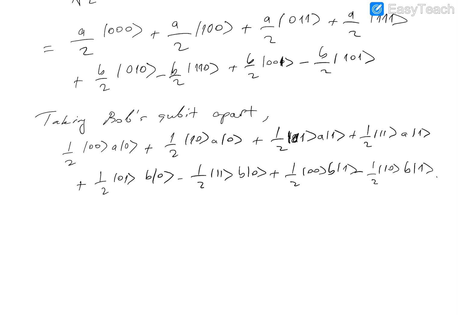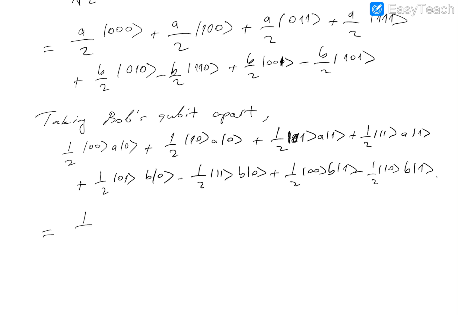And then we can take (a0 plus b1) in parentheses, and (a1, b0) in parentheses, and (a0 minus b1) in parentheses, and also (a1 minus b0) in parentheses.